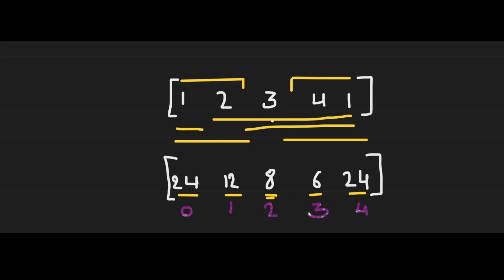So this problem we can divide further into two subproblems, that we have to calculate the multiplication of the elements on the left side and the multiplication of the elements on the right side. So let's first solve the problem of the elements on the left side.